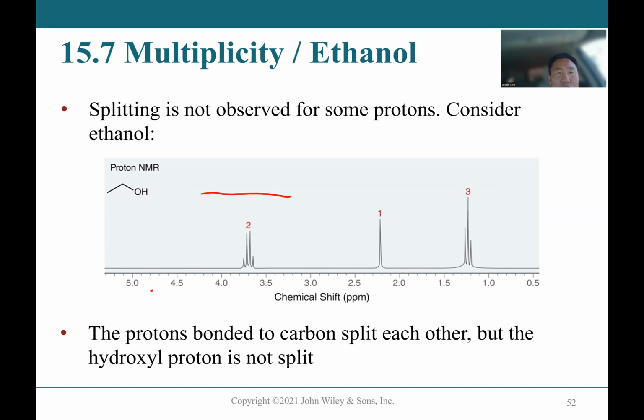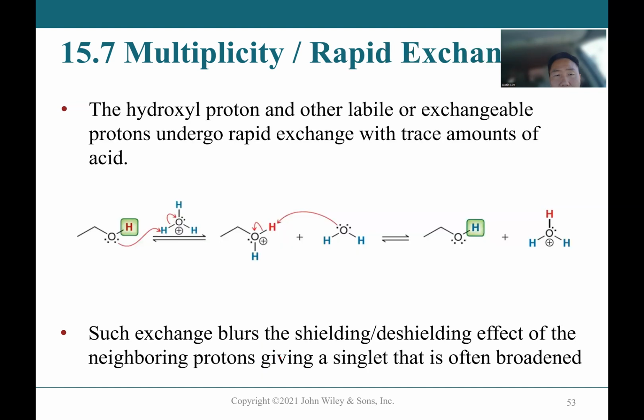So splitting is not observed for some protons. Consider ethanol. The protons bonded to carbon split each other, but the hydroxyl proton is not split. The hydroxyl proton undergoes rapid exchange with trace amounts of acid.